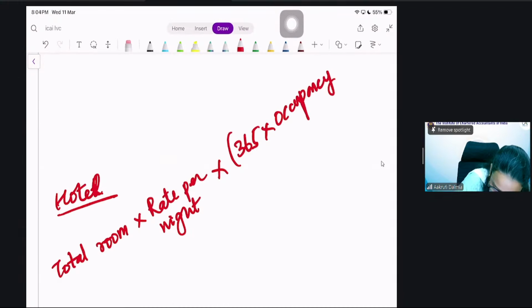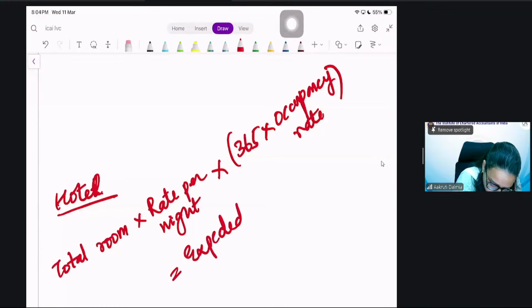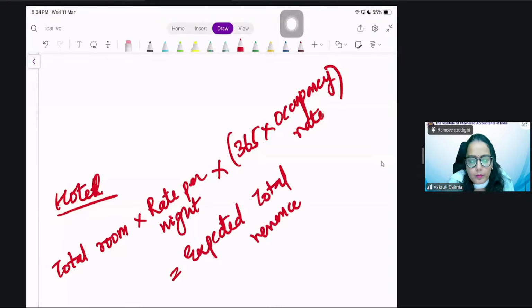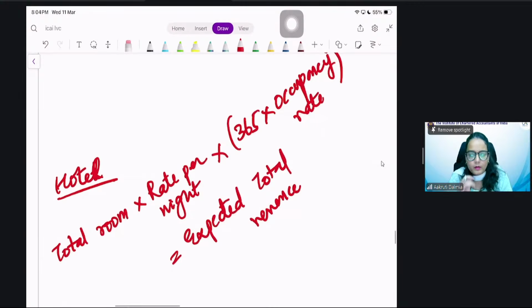What is occupancy rate? Number of days in a year for which usually the hotel was occupied.